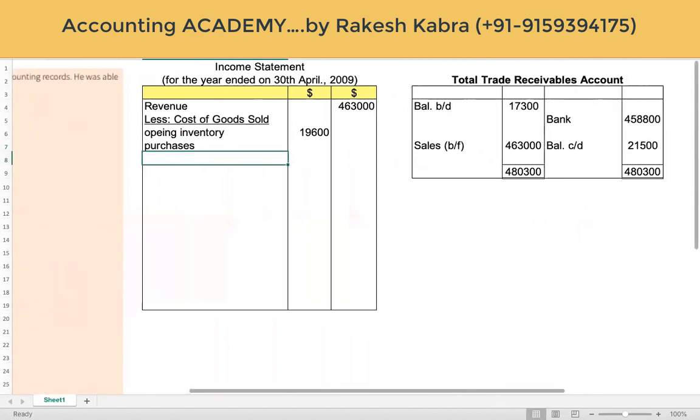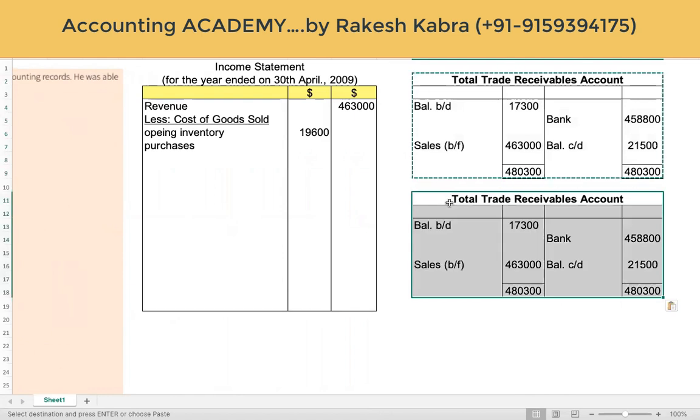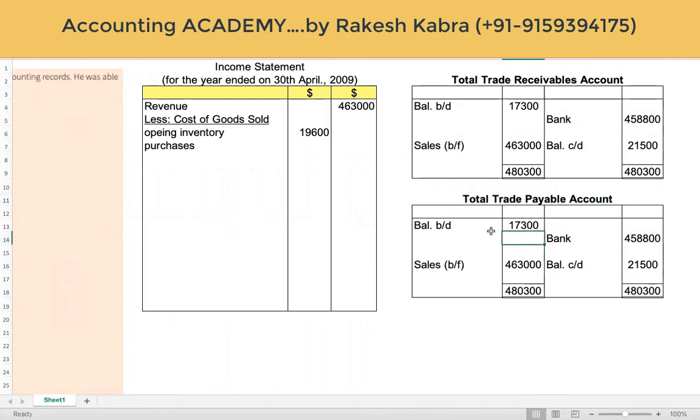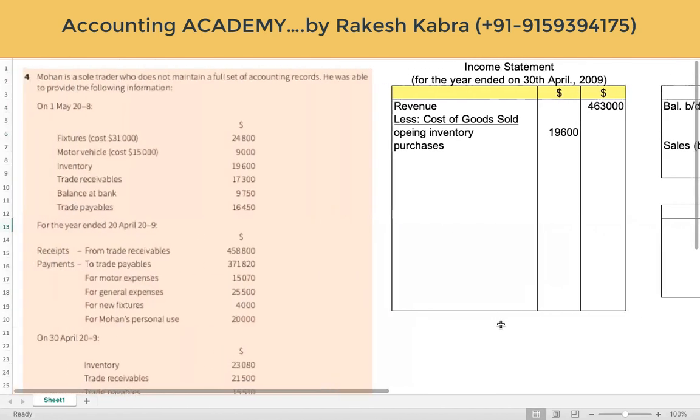So for that I will prepare the total trade payable account, which is similar to a purchase ledger control account. Is it an asset or liability? It's a liability, so the opening balance will come on the credit side. What is the opening balance on the first date?